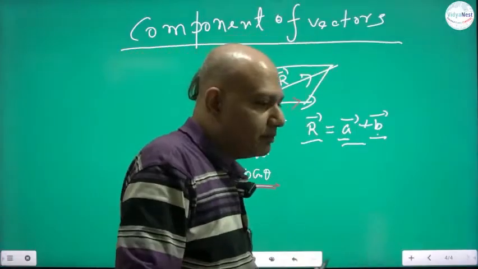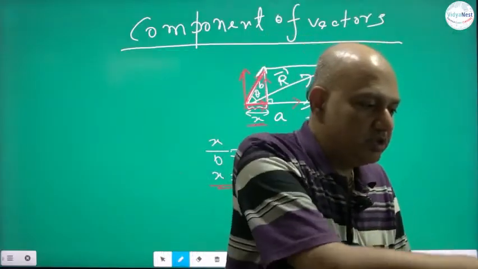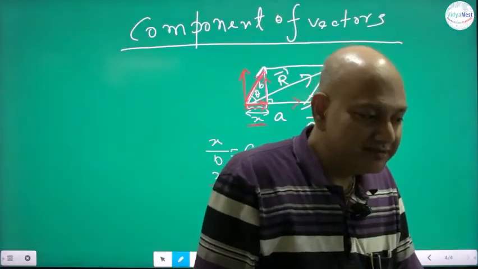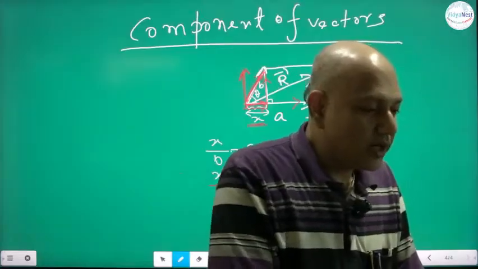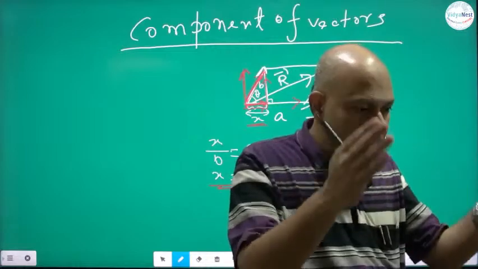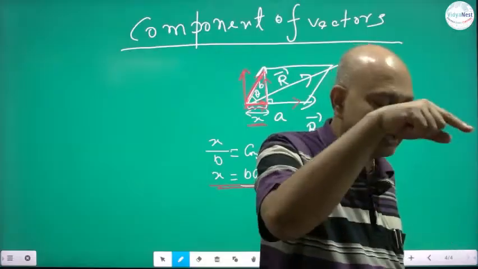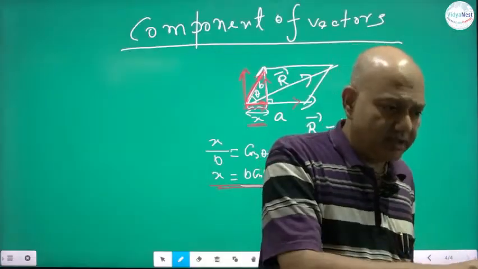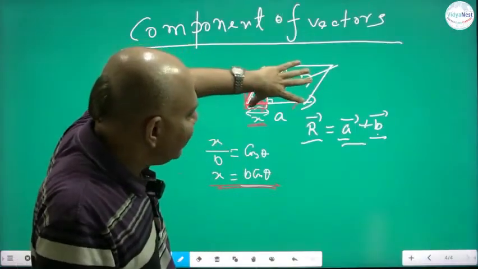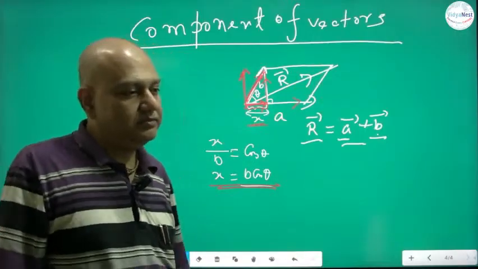Just like if an external person comes and affects you, Saurabh, do this thing, do this thing, he instructs you. Will you like it? You want to become independent. You study independently according to your decision. You do your job according to your decision. If anyone comes and interferes and gives instructions, you don't like that, isn't it? Similarly, the vector A having an effect of the vector B, so A doesn't like that.